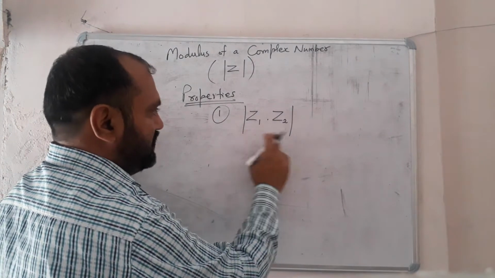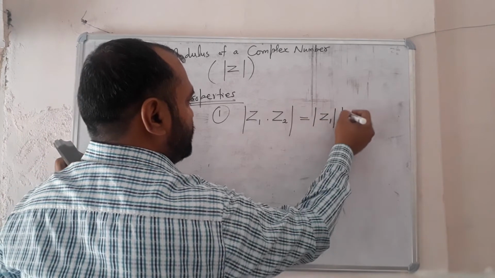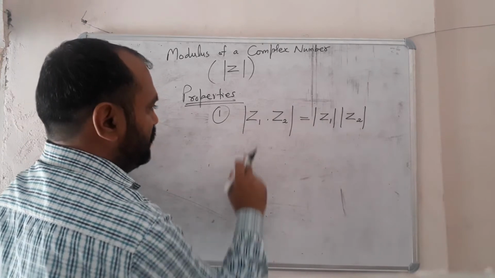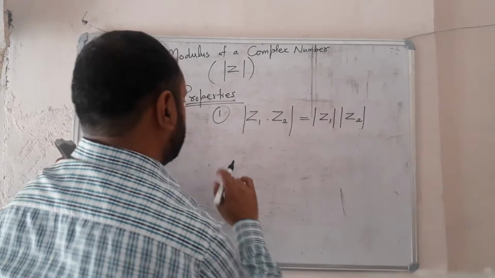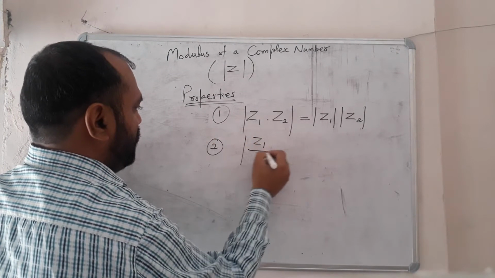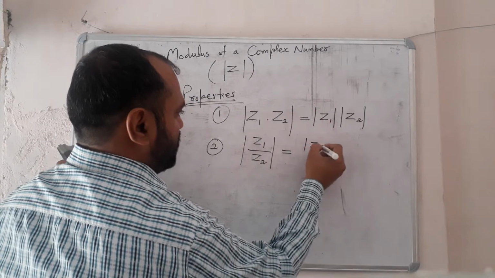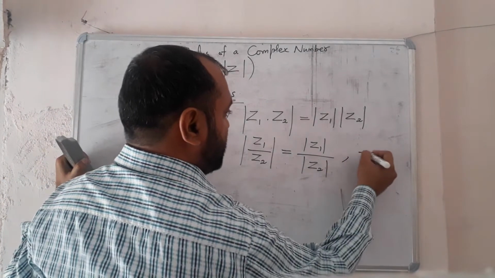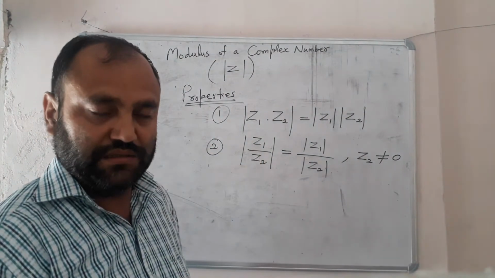The modulus of the multiplication of two complex numbers is equal to modulus of Z1 into modulus of Z2, that is, mod of Z1 Z2 is equal to mod Z1 into mod Z2. Similarly, the second property is mod of Z1 over Z2 is equal to modulus of Z1 over modulus of Z2, provided Z2 is not equal to 0. So these are the properties of modulus.